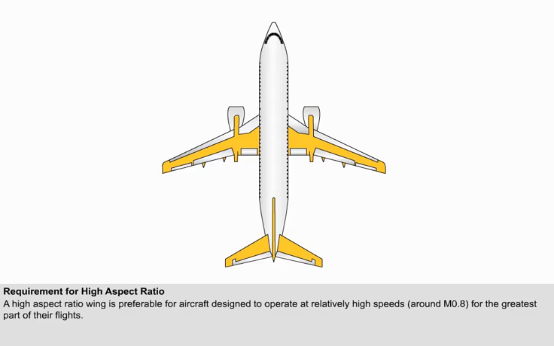This is because of the relationship between induced drag, lift coefficient, both low at high speeds, and aspect ratio, expressed in the formula CDI equals CL squared over AR. The higher the aspect ratio, the lower the induced drag.